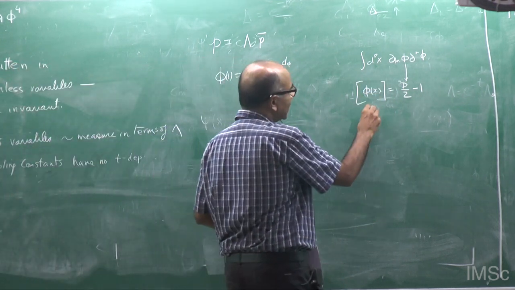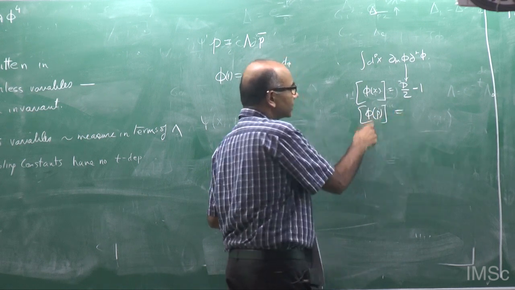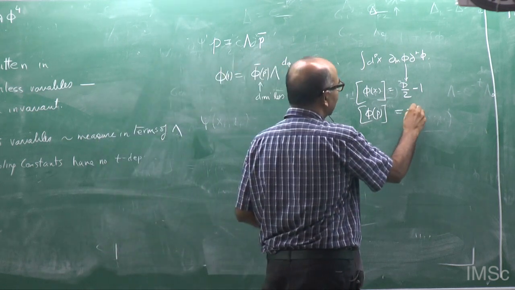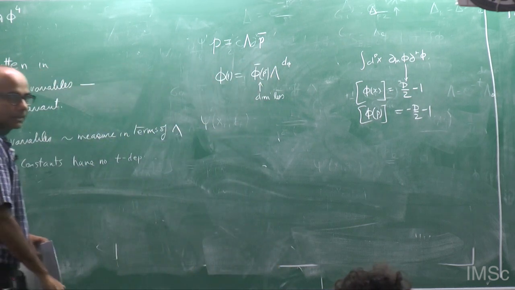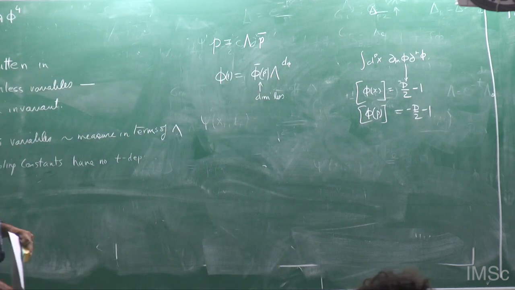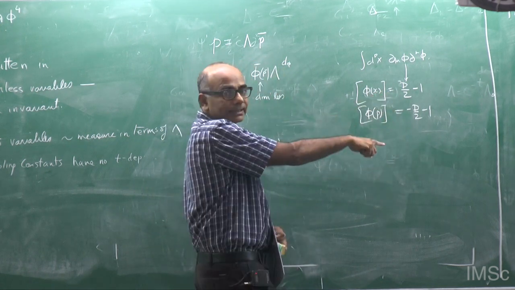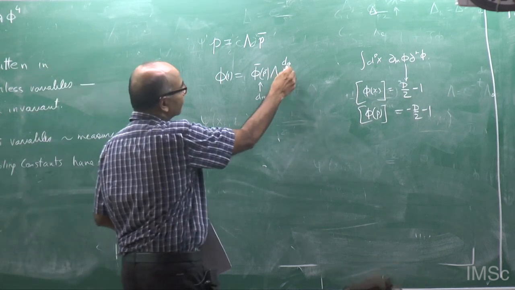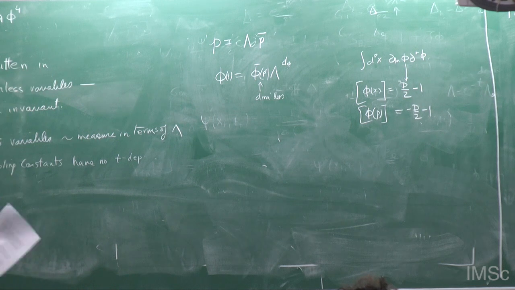Of course, phi of p has a different dimension because it's a Fourier transform. So there's an integral over x. So this will have dimension minus d by 2 minus 1. So you have to keep track of dimensions. This comes from a d-dimensional x integral which changes by p. So d phi, if you're working in momentum space, will be that. That's the scaling you have to do.